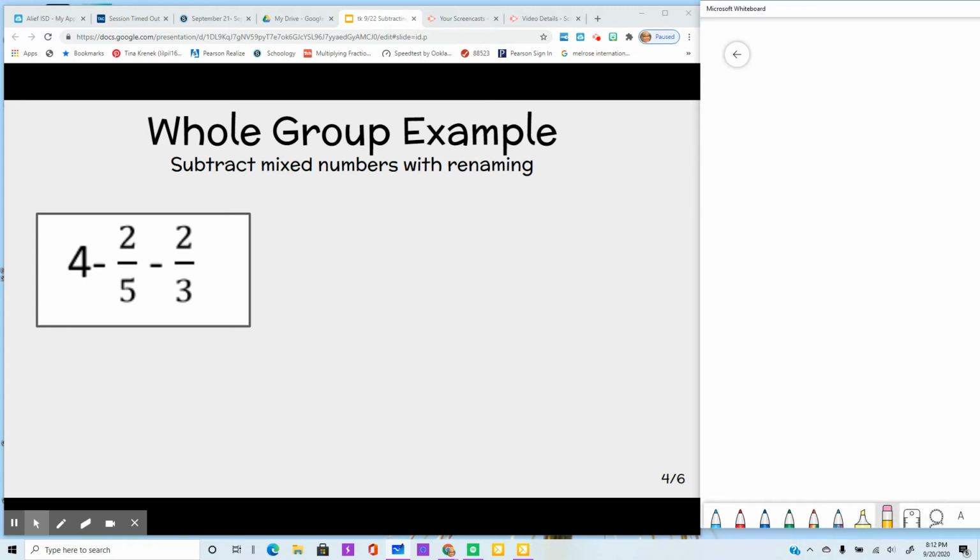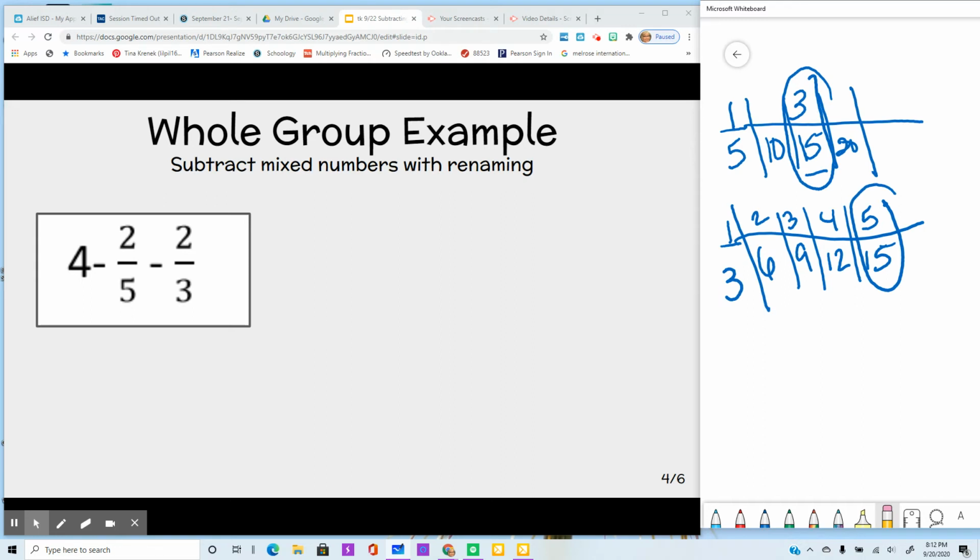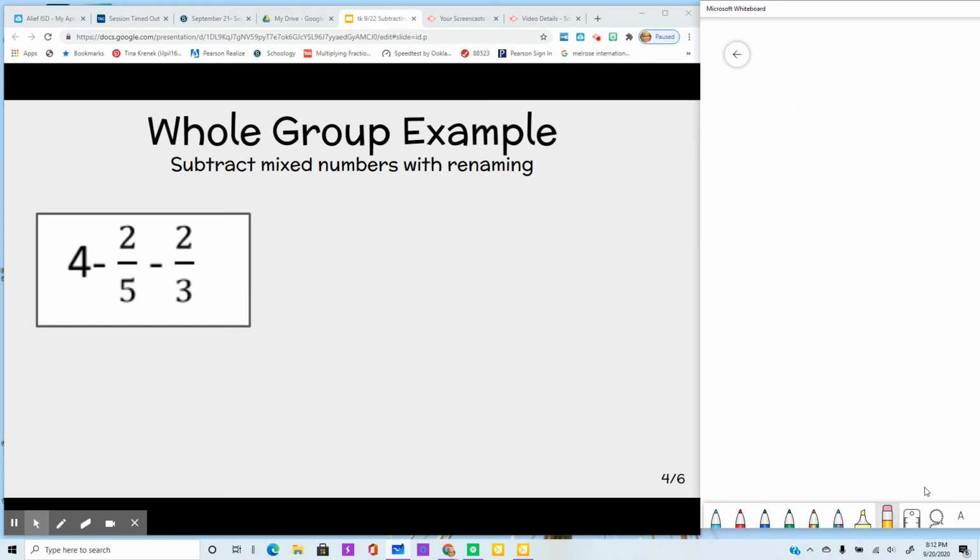Let's see. All right, so if I have 2/5, I'll just redo it. It's just as easy to redraw. So now I have 2/5 and 2/3.